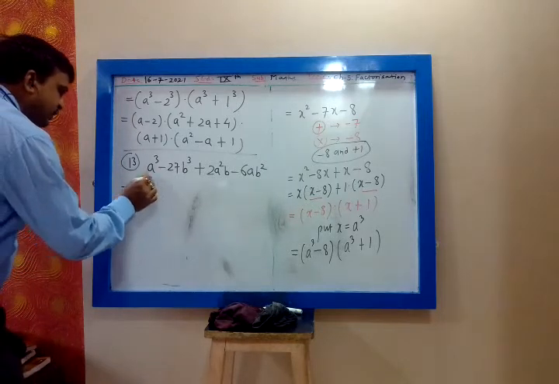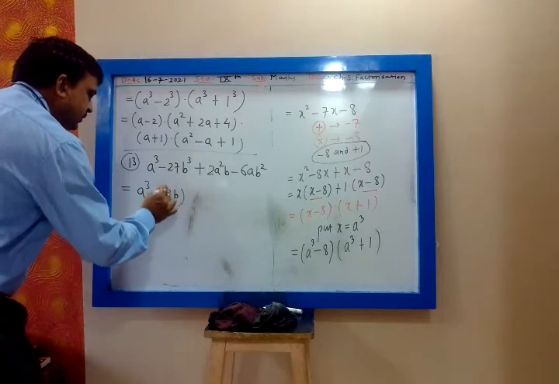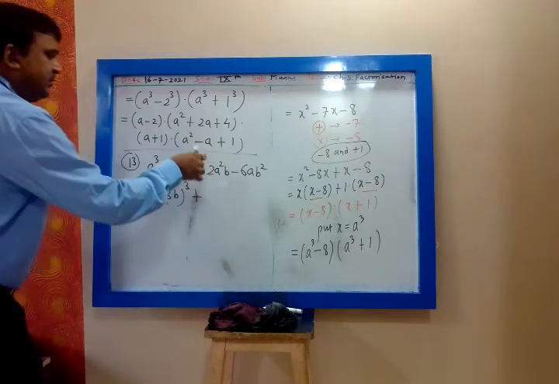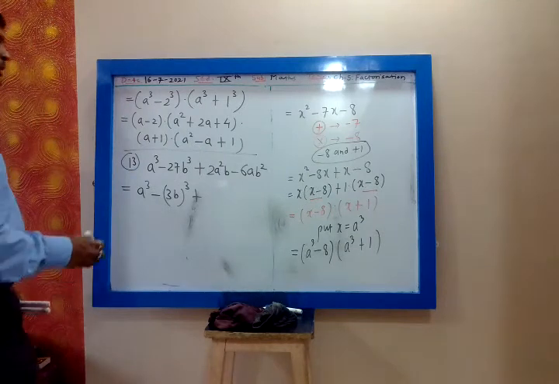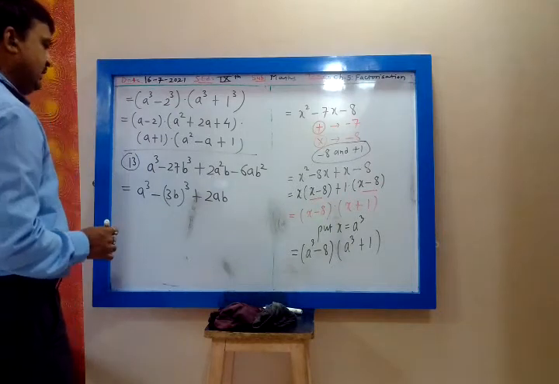So a cube minus 27 b cube, I will write as (a minus 3b) whole cube, plus what is common in them? 2ab is common.